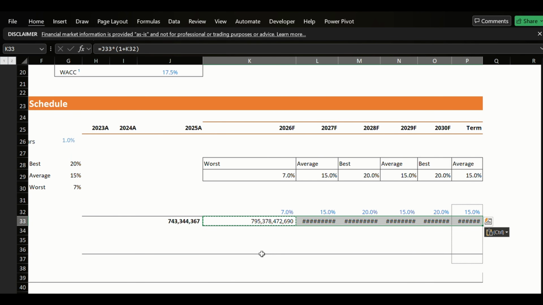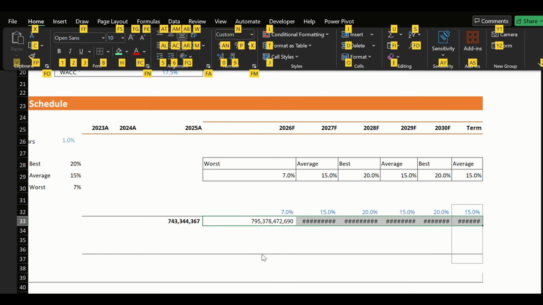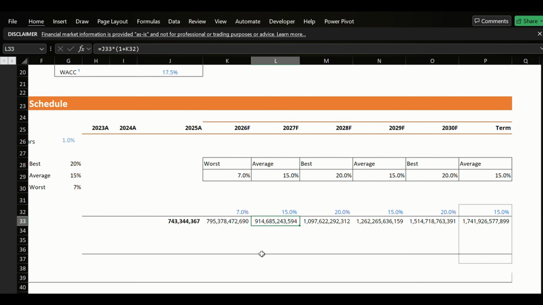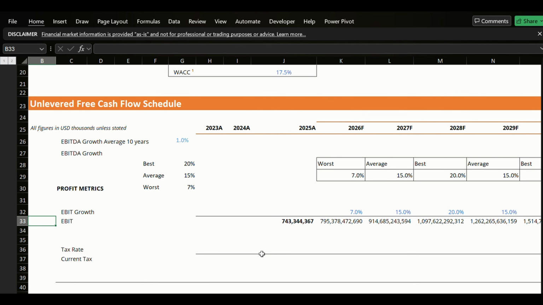Let me auto fit this. Same as everywhere else. So I think we're now on the accurate side of things. Yeah, I think everything is accurate now. What's the tax rate? The tax rate is 21%.